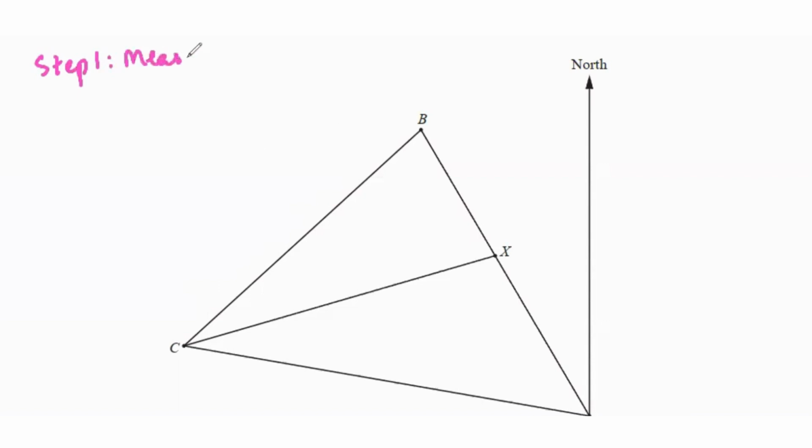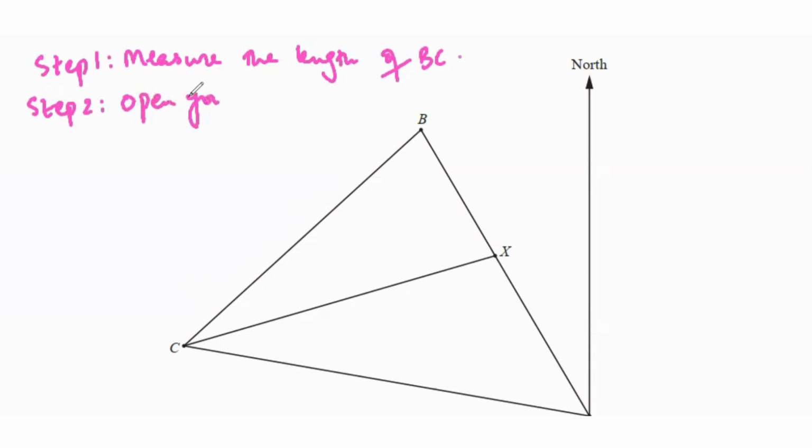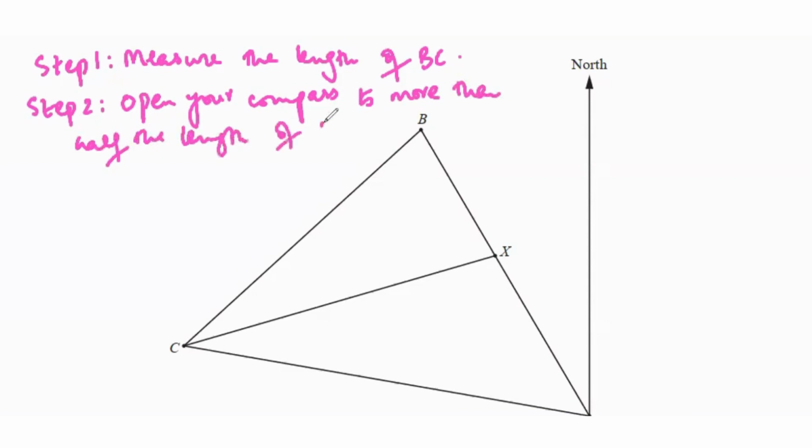Measure the length of BC. Then next step is open your compass to more than half the length of BC.